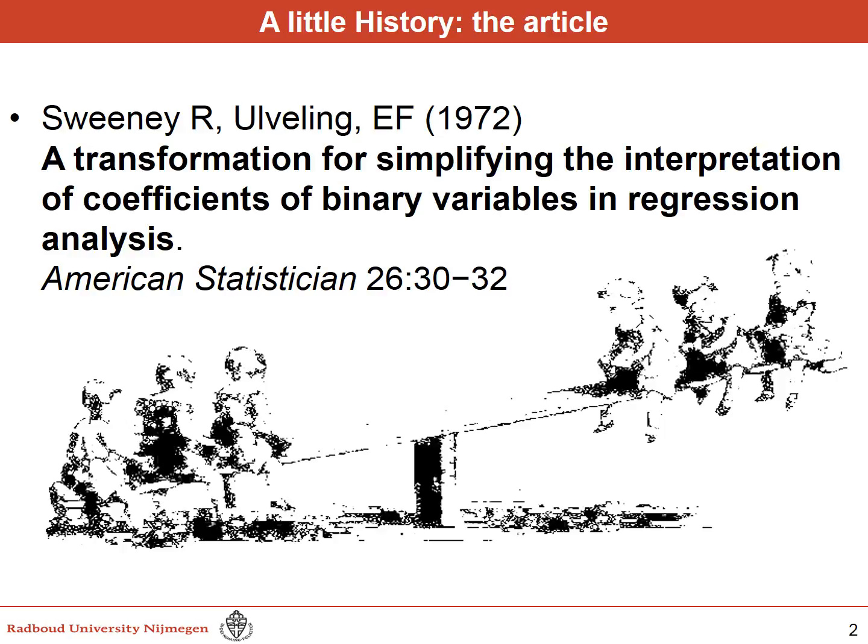For such an article, that citation number is way too low. But it is the start of our own journey to construct software for this very nice way of dummyifying categorical variables.